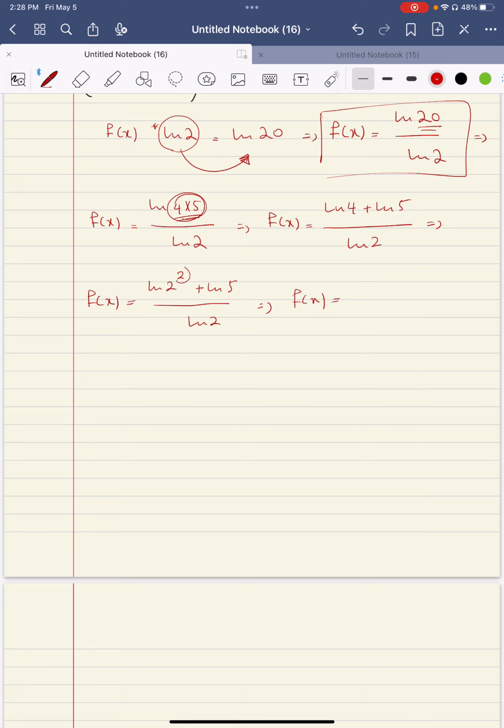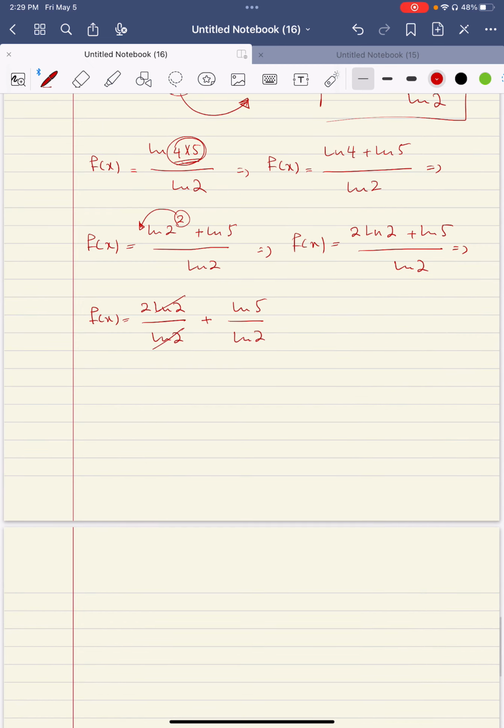Again, based on the first rule, I will move the 2 to the left hand side of the ln. So we will have 2 ln 2 plus ln 5 over ln 2, right? So the f(x) would be 2 ln 2 over ln 2 plus ln 5 over ln 2. The ln 2's would cancel out each other, so the f(x) would be 2 plus ln 5 over ln 2.